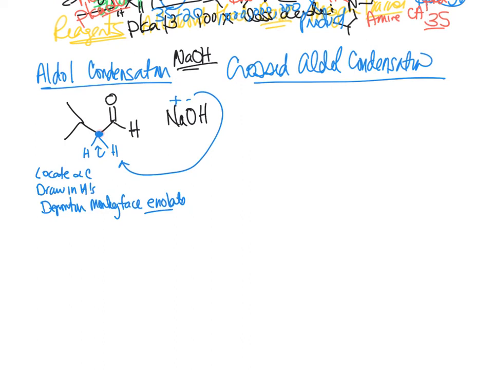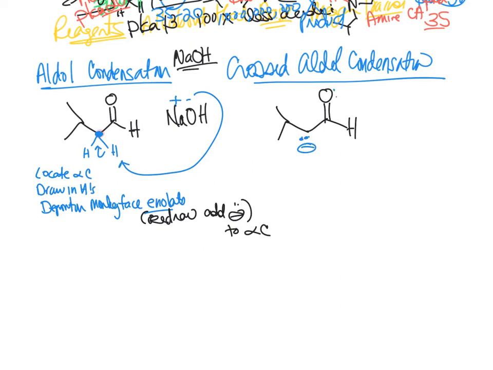When we draw that, you draw the enolate, redraw, and then add the monkey face to the alpha carbon. There you go. See, there's your lone pair.